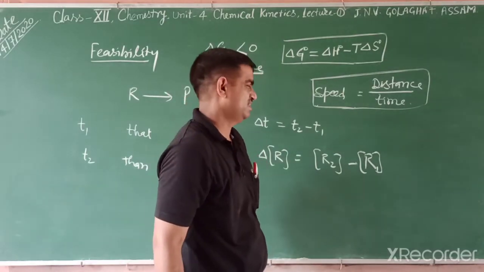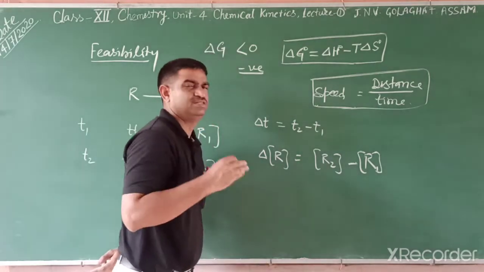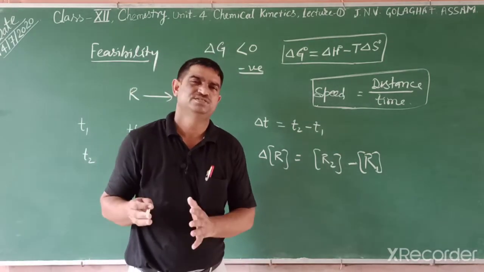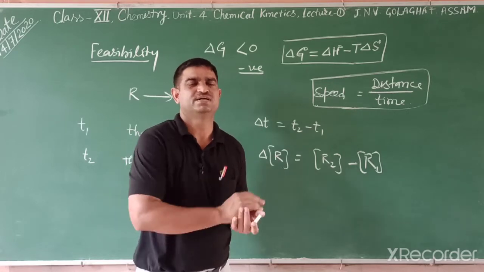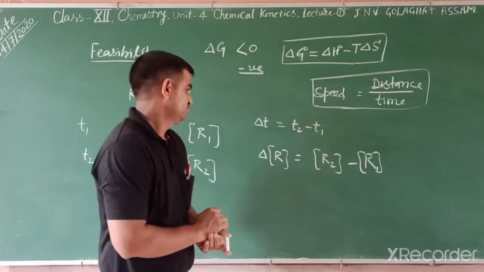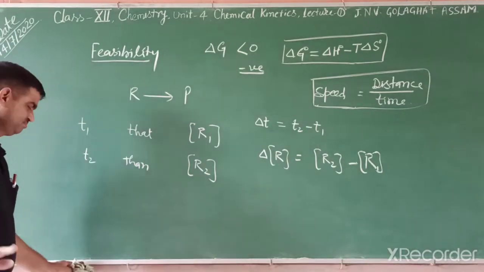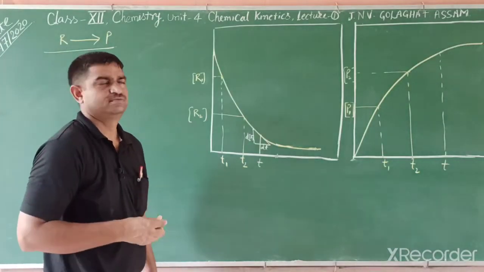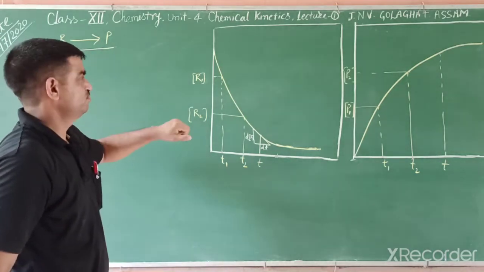So how do we identify the rate of reaction? Change in concentration of any substance divided by time interval. So we can write it in this way. How can we represent the rate of any reaction? Suppose reactant changes into product.